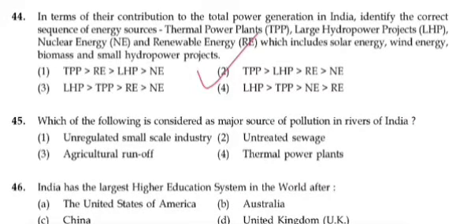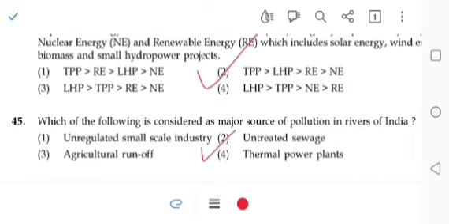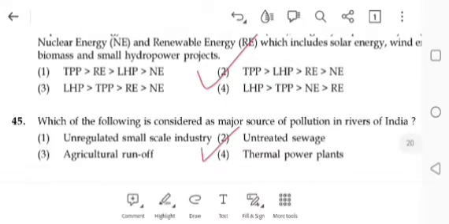45, which of the following is considered as major source of pollution in rivers of India? Unregulated small scale industry, untreated sewage, agricultural runoff, thermal power plants. 45, number 2, untreated sewage is the major source of pollution in rivers of India.